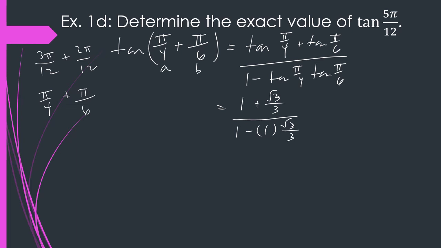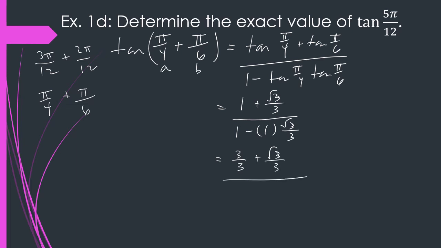That more or less was the easy part. Now the tough part is going to be simplifying radicals with fractions. I need a common denominator. So on top, I have 1 plus root 3 over 3. My common denominator would be 3. So really, this is 3 over 3, right? Changing the 1 to 3 over 3.